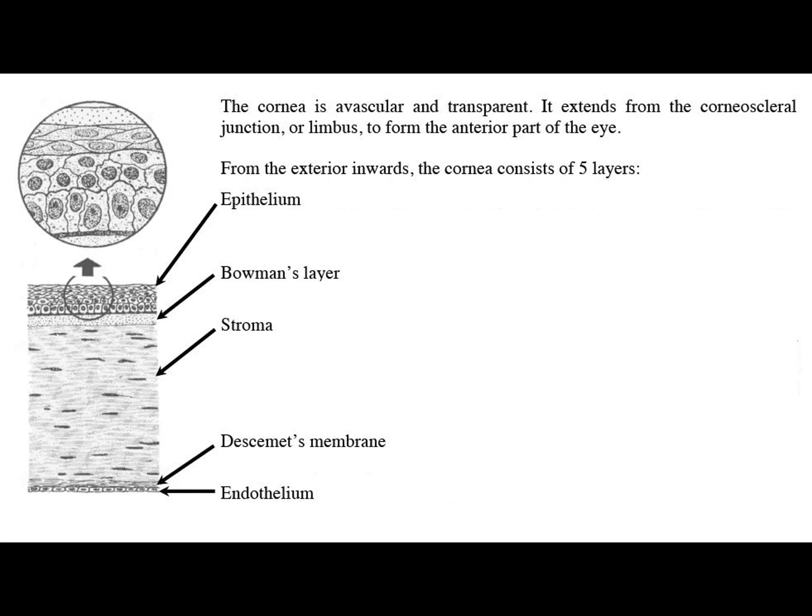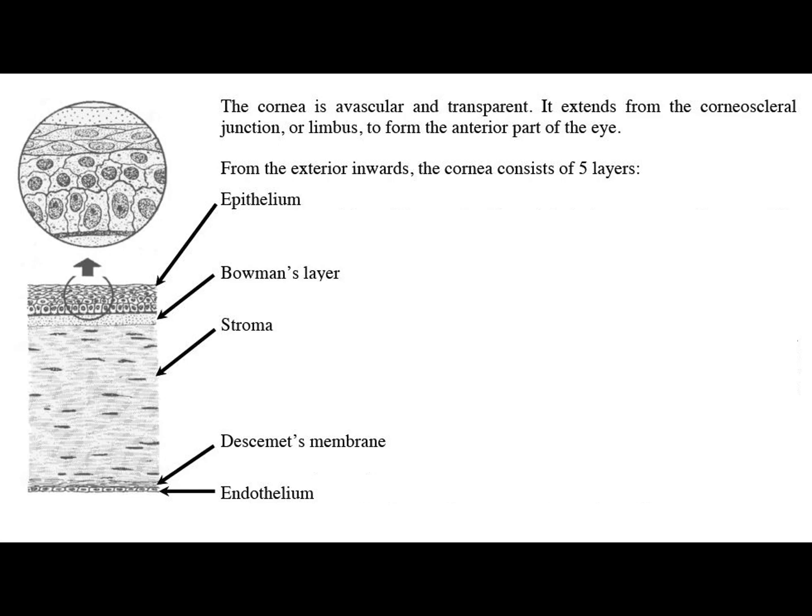And then on the inner part of the cornea, which separates the cornea from the aqueous humor, which sits here, you have the endothelium. And the endothelium has a very important role because the cornea can only be transparent when it is relatively dehydrated.